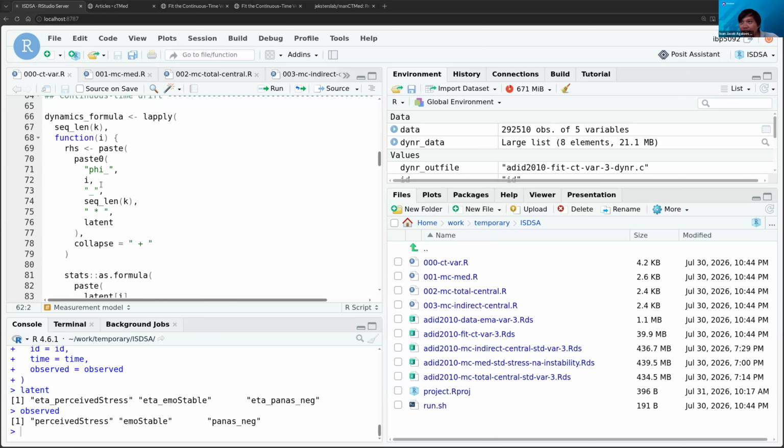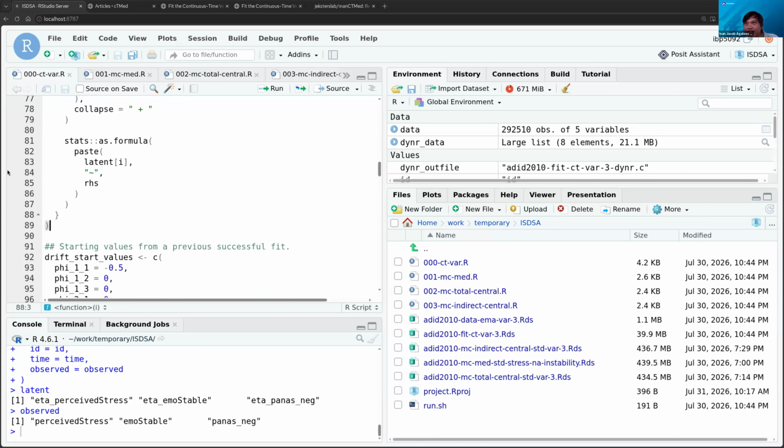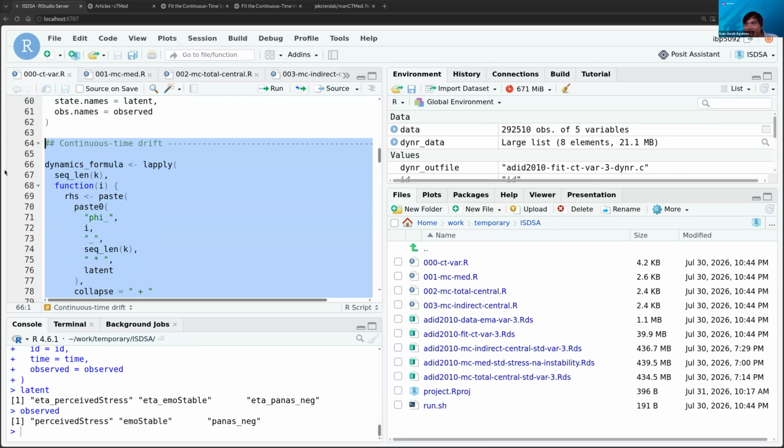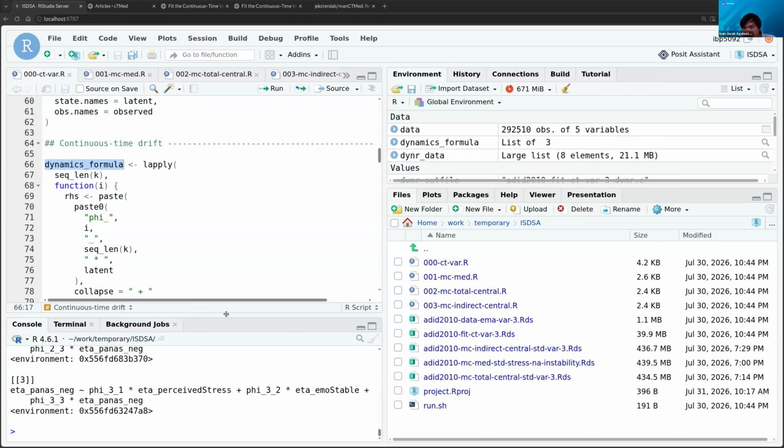So again, apologies because I used phi as a symbol for the drift matrix. Basically, let me run this so that you can see.